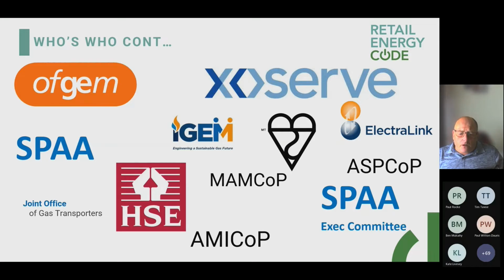ASCOP. So the ASCOP was the Automated Meter Reading Service Provider Code of Practice. Now this one was one of the interesting ones. So the MAMCOP and the AMI COP are compulsory. They are mandatory codes. You have to abide by them.